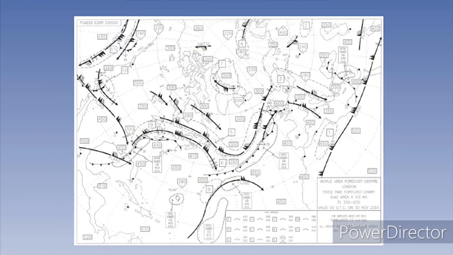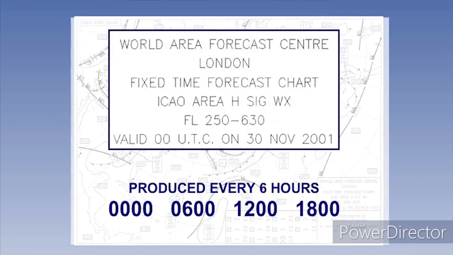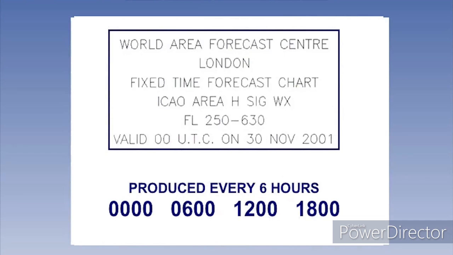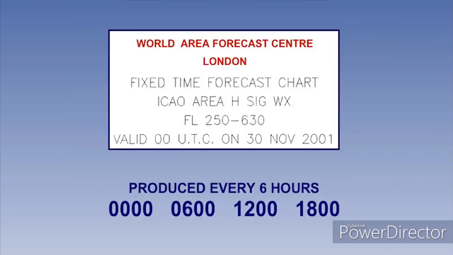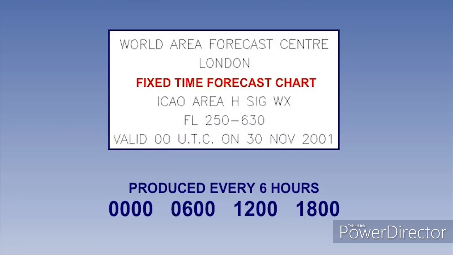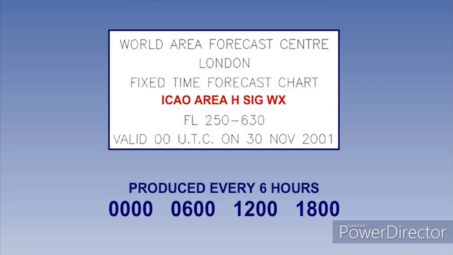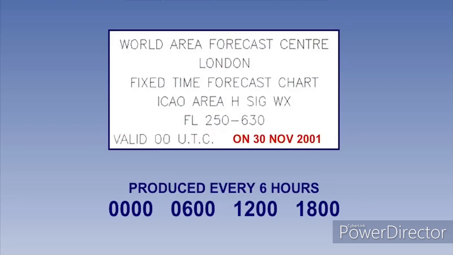Each chart has a clearly defined legend, which contains the following information: the name of the WAFC which produced the chart, London or Washington, a reminder that the chart is for a fixed time, the ICAO letter which is used to designate the area, the range of heights through which the chart is valid, the time in UTC, and the date on which the chart is valid.